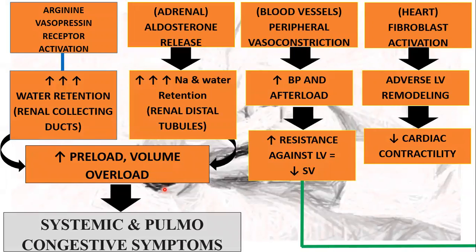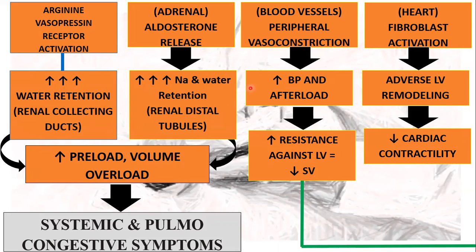And this would ultimately lead to systemic and pulmonary congestive symptoms. And what are these? We could see the jugular venous pressure in our patient to be increased, and also they could have ascites and also edema as systemic congestive symptoms. For pulmonary, we would be able to hear rales in our patient, and our patient could also be complaining of difficulty of breathing.